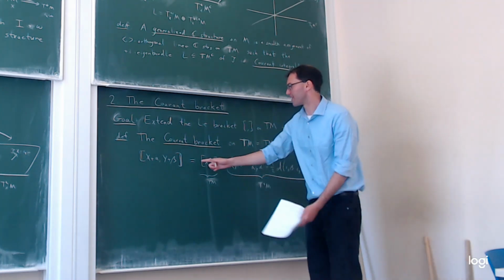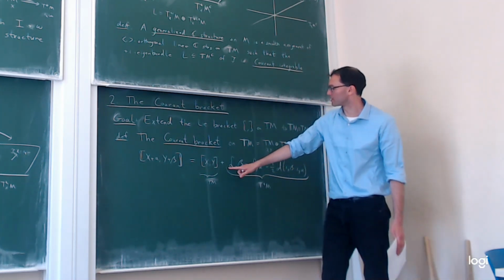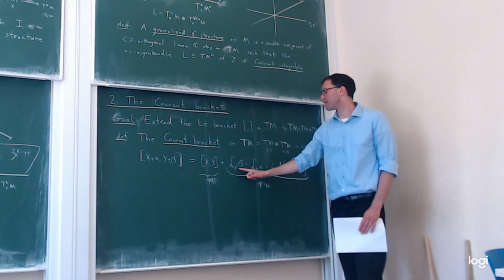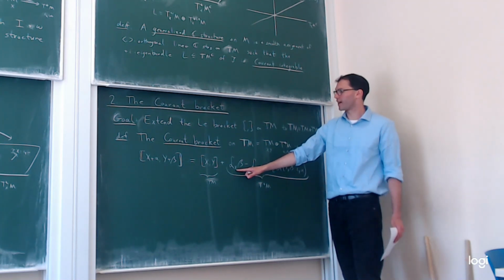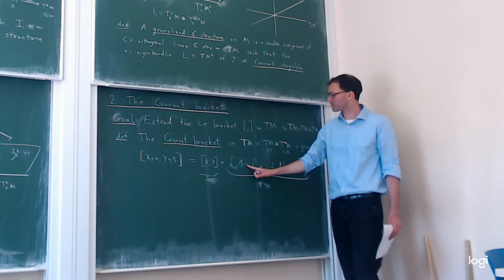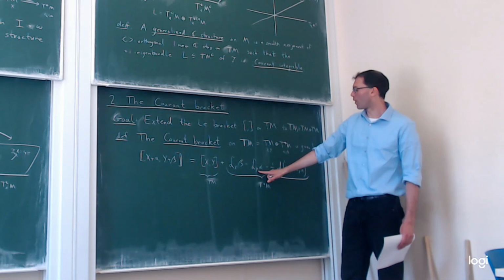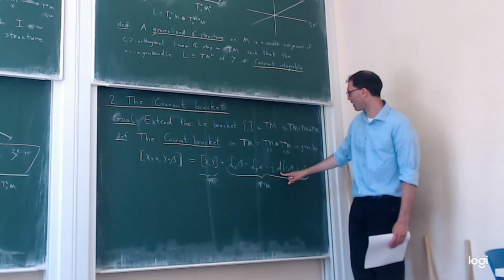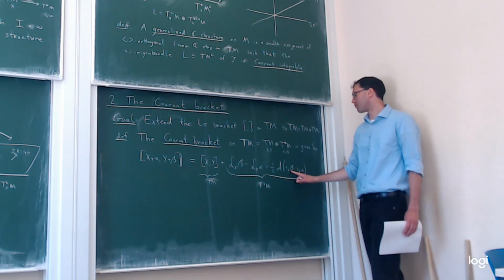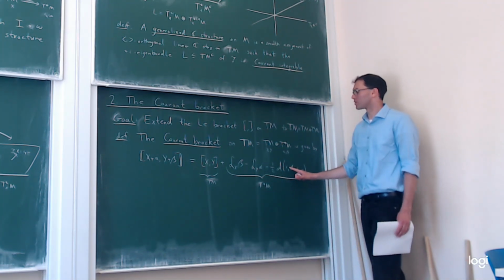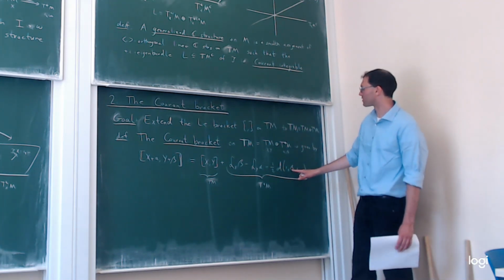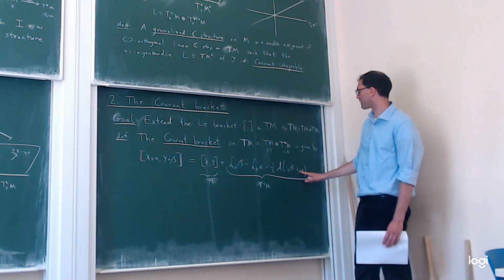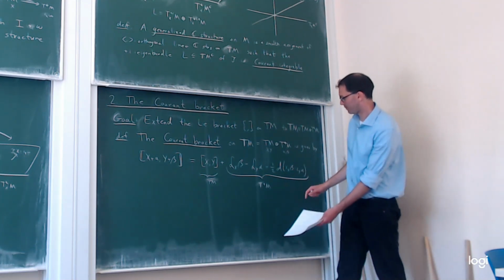And I guess I'll read out what the definition is. So it's the Lie bracket of x and y plus the Lie derivative in the direction of x of beta minus the Lie derivative along y of alpha minus 1/2 the exterior derivative of the interior product of beta with x minus the interior product of alpha with y.